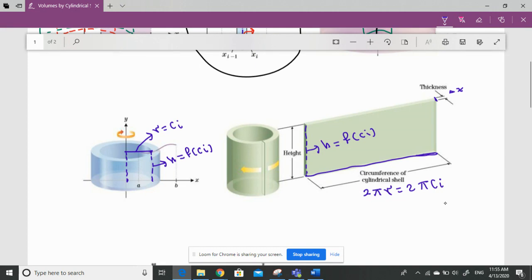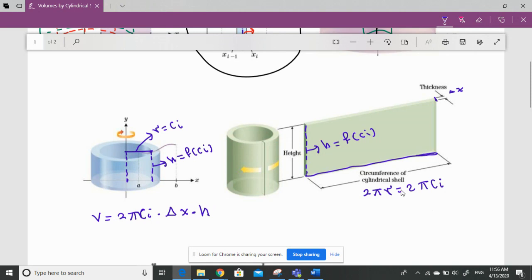What about the volume of this cylinder? The volume is 2 pi r, 2 pi ci, times delta x times h: length, width, and height. So the volume of this cylinder is 2 pi ci times delta x times h.